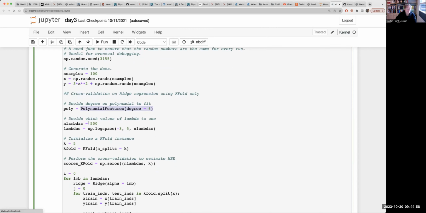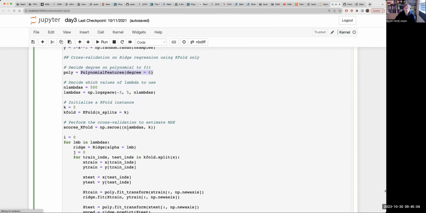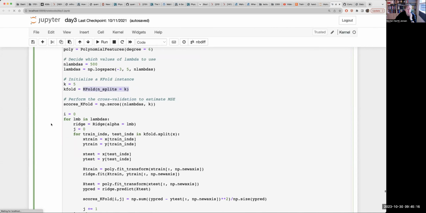I run through 500 values of lambda, letting them run from 10 to the minus 3 to 10 to the 5. Now, I'm using the k-fold functionality of scikit-learn. I decide that I want to use 5 folds, and then I run my loop over lambdas.